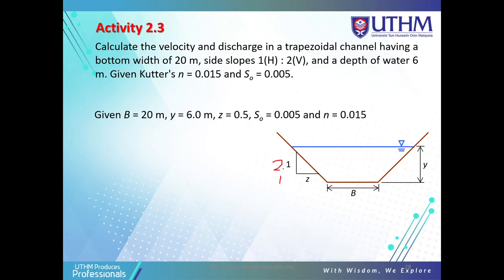So we know that 1 over z is equal to 1 over 2, because 1 is horizontal here. Sorry.